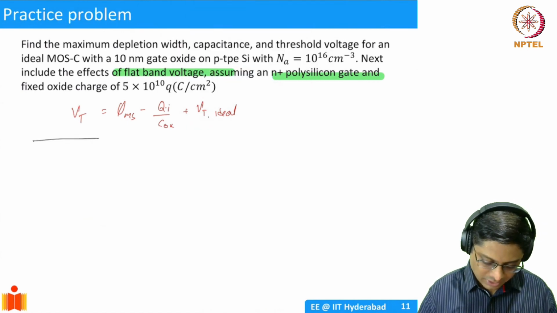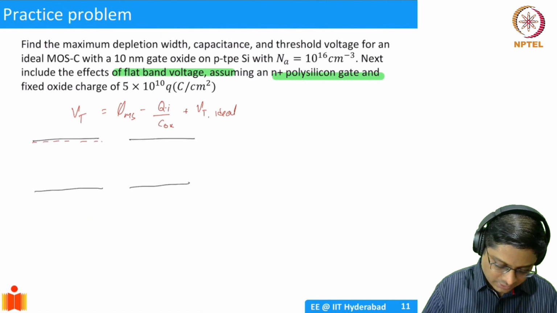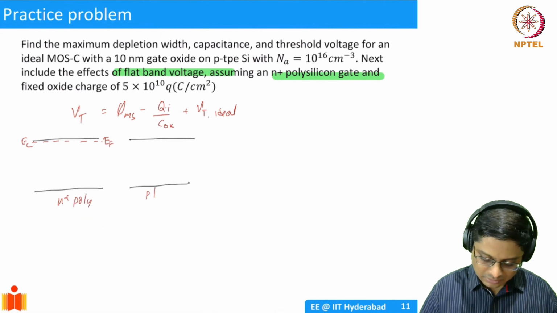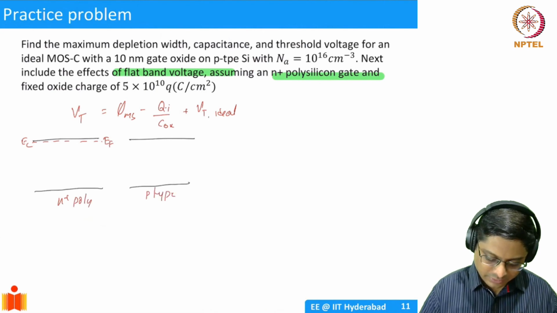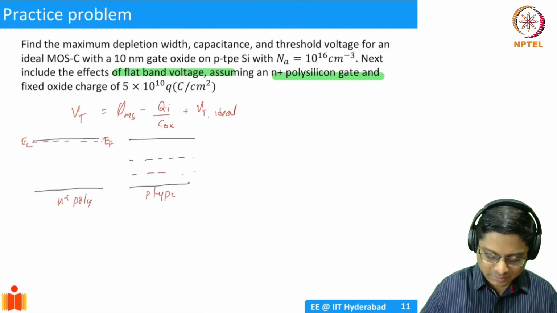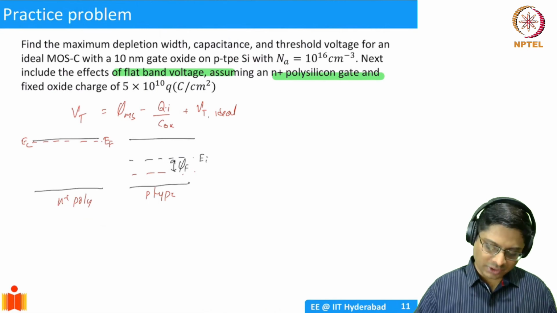N plus polysilicon and substrate is 10 power 16. So I'll make my EF to be almost at EC because it's N plus polysilicon, right? N plus poly. This is P type. So I'll take my EF to be somewhere in the middle. Not middle, lower than middle. Yeah? This is my EI. And this is going to be my phi F. So what is phi ms now?